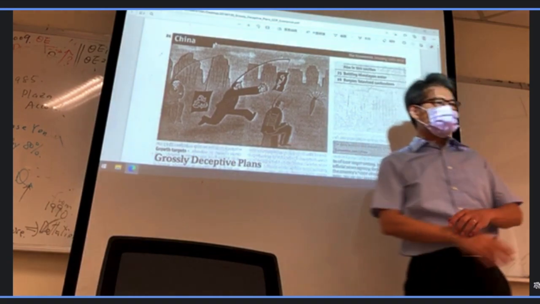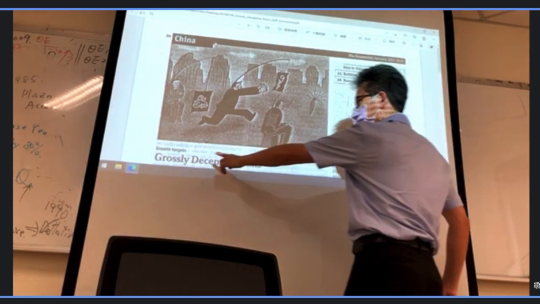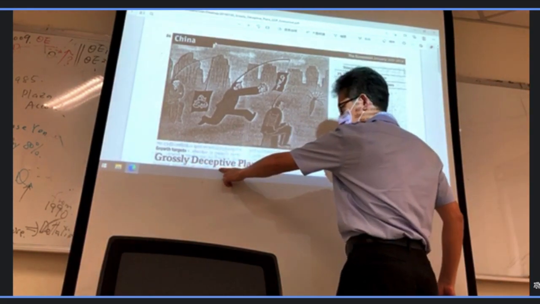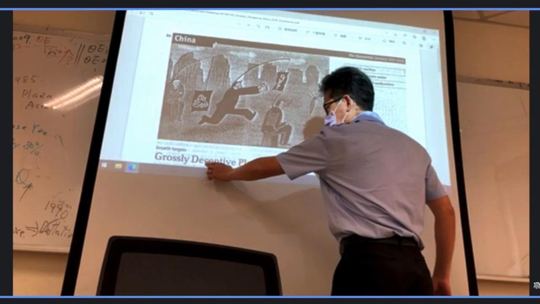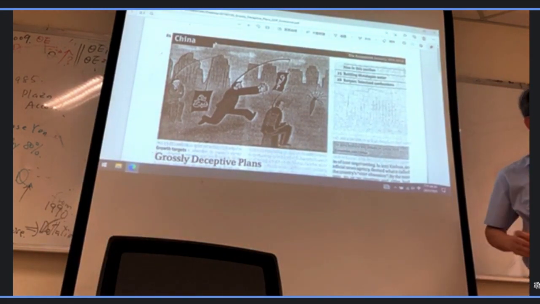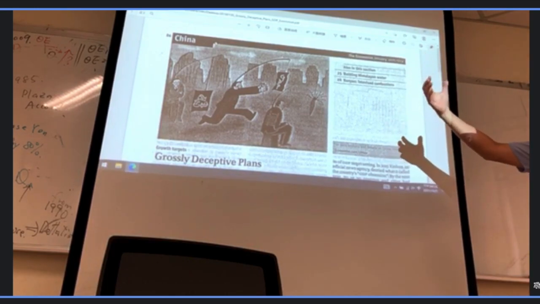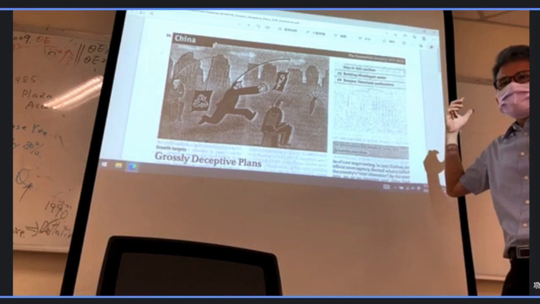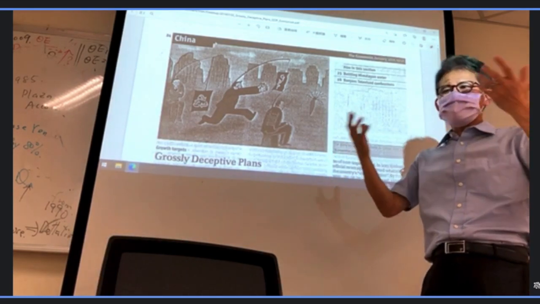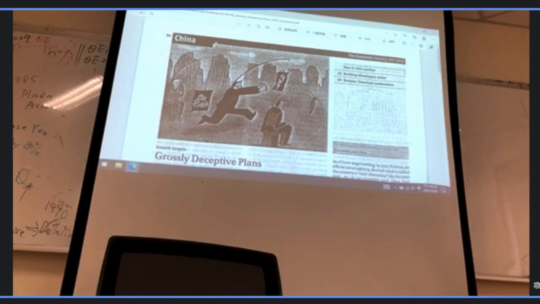So, this is the reason why it led the local government or the province to report deceptive results. Because the central government, they want a growth target, say 8% to 9%, 保8, 保9.